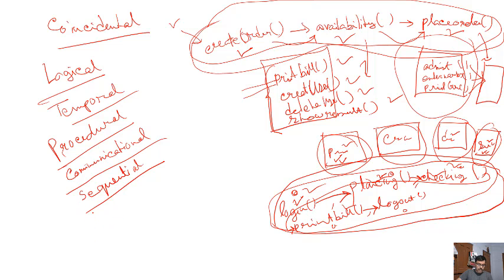Then functional cohesion. A module is said to possess functional cohesion if different functions of the module cooperate to compute a single task.